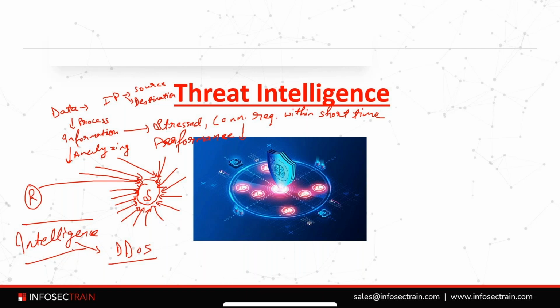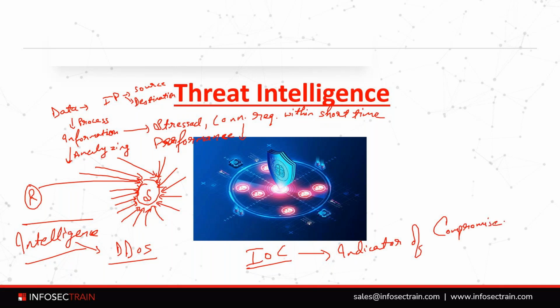Threat intelligence gives you answers to questions like: who is attacking us, how they are doing it, what they are after, when they are likely to strike, and what indicators of compromise we can watch for. IOC also we can capture. IOC means indicator of compromise. If these things are present in your system, in your logs, that means you're already compromised.